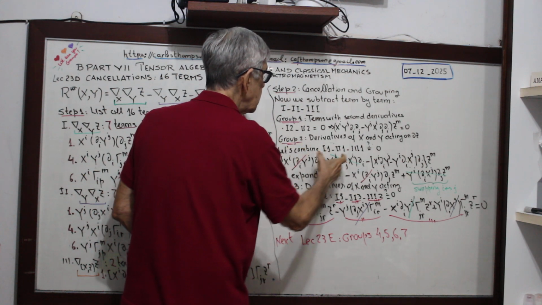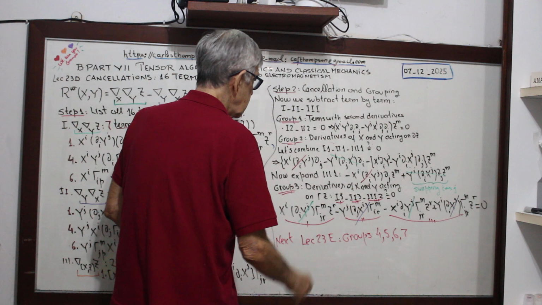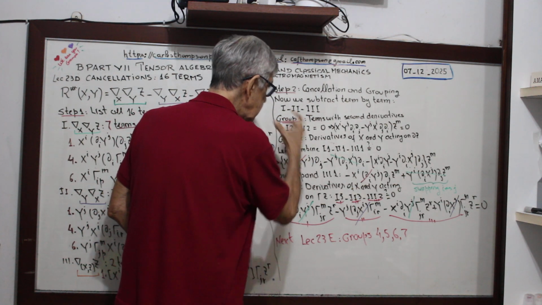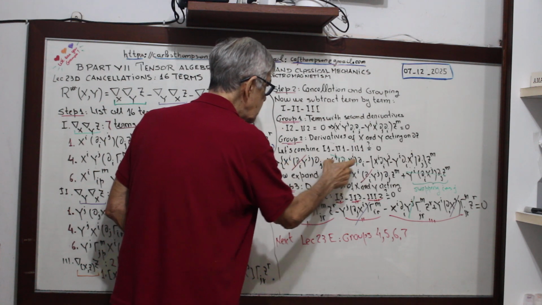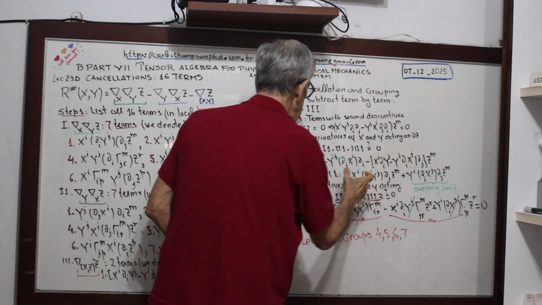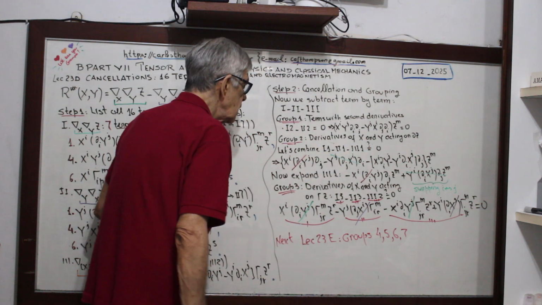Now group 2, derivative xy along partial of z: I go over the list and pick this term minus this term, which correspond to I1 and I2,1.